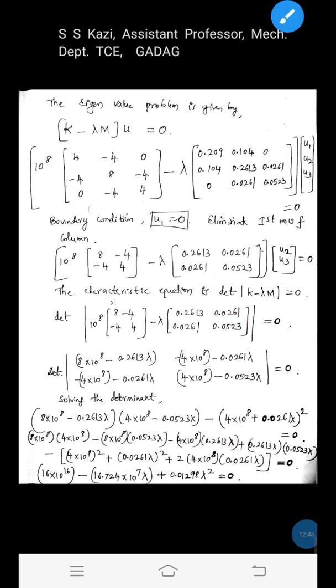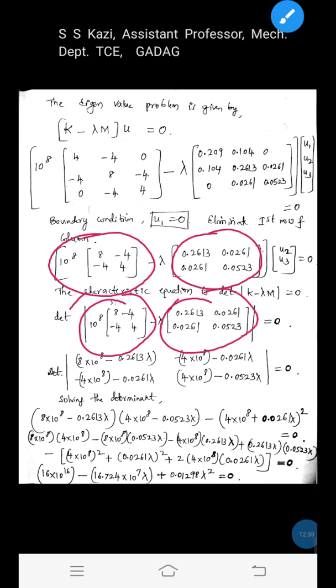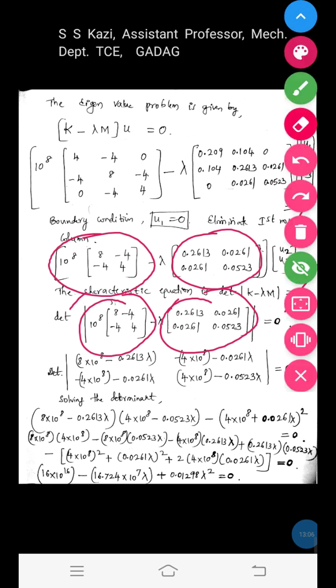After that, you write the determinant of k minus lambda m matrix, is equal to 0. Don't consider this u vector, the displacement vector.